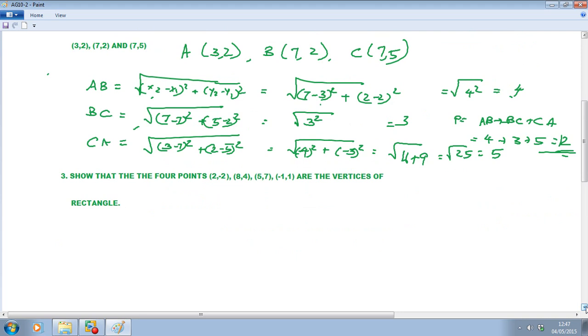Next problem: show that the 4 points are the vertices of a rectangle. So how can we prove it? You take this point as A, this point as B, this as C, and D. So you try to find out what AB is.